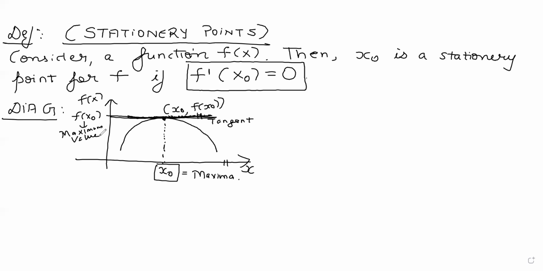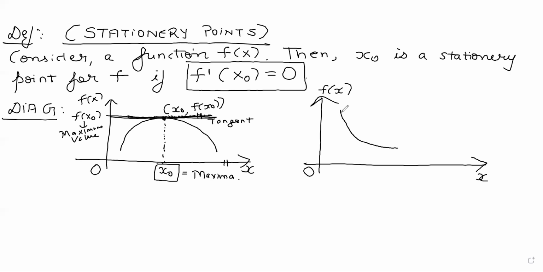And on similar lines, we can draw another diagram. This is x, this is f of x. And you can see I am drawing another graph on the screen. You can clearly see this is my point x0 and this corresponds to x0 comma f of x0.